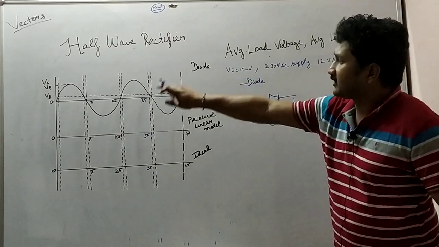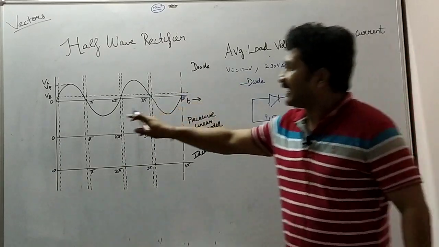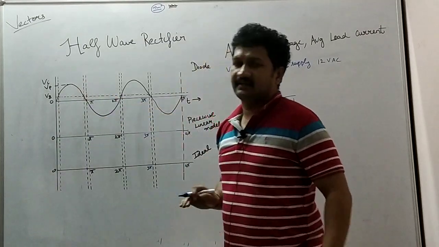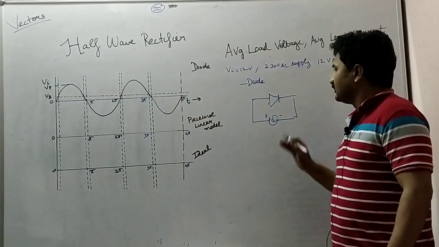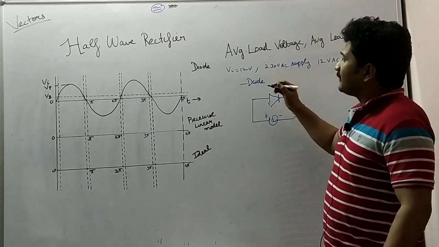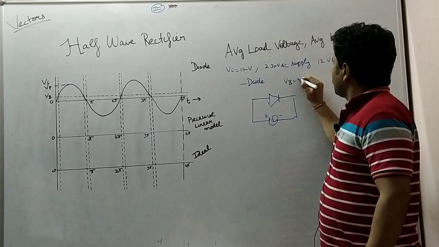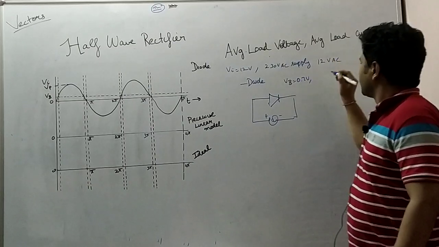The input waveform, the 12 volt, has to cross this barrier potential VB and then only attain the peak potential and get rectified. So already the barrier potential VB equal to 0.7 volt.